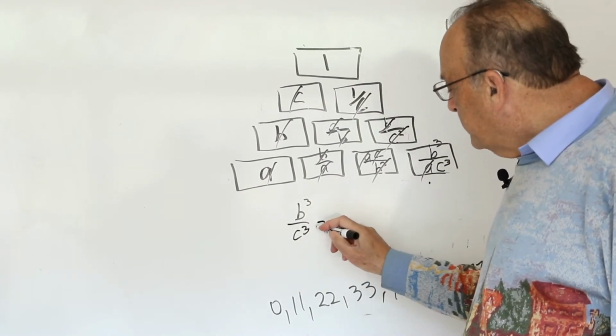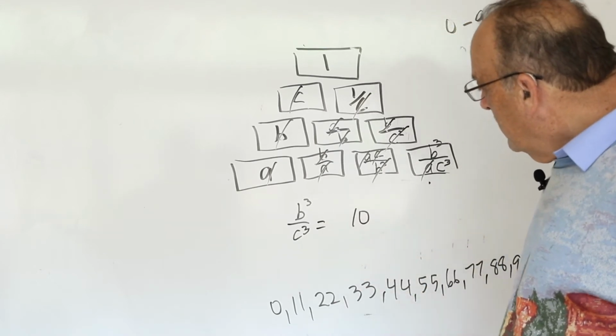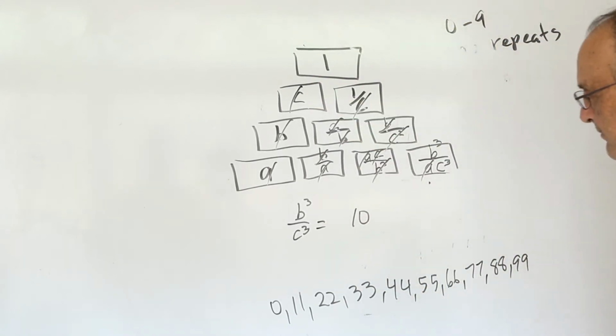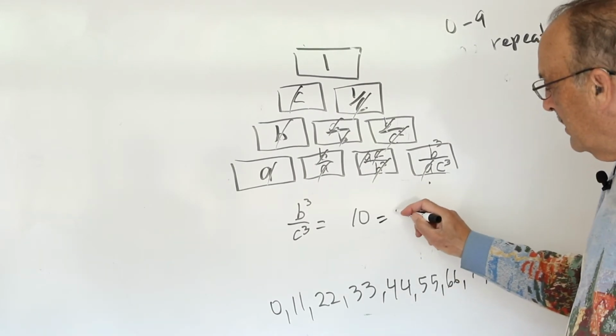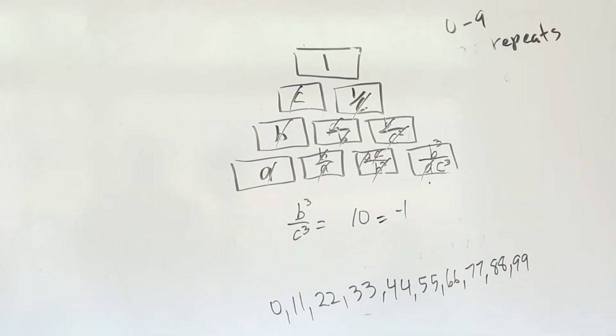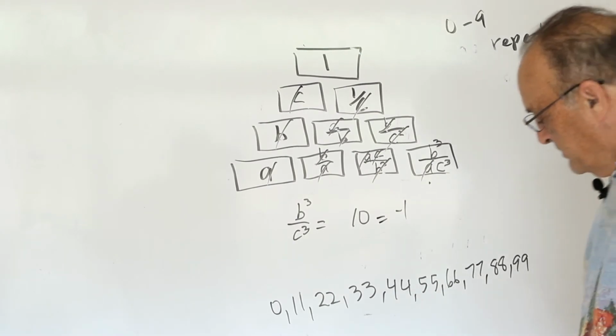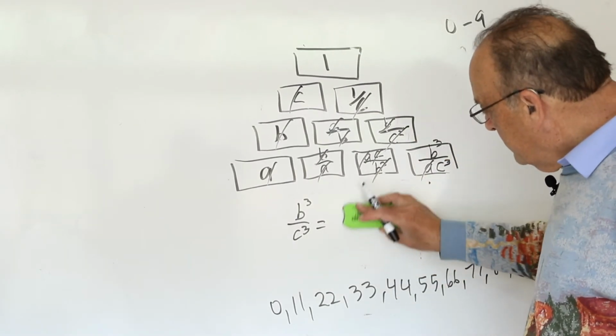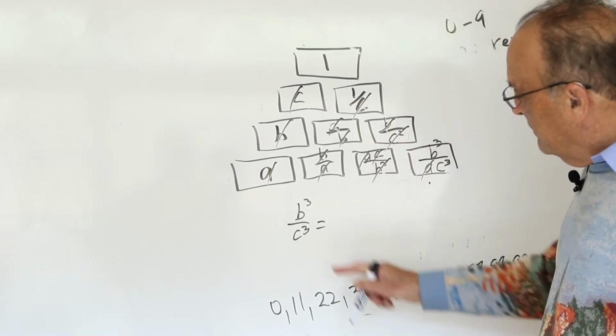And we want all that to equal 10, because when we multiply everything, we get 10. And remember, 10 is equal to negative 1 on the mod 11 clock. So let's work with negative 1. So what could this be?